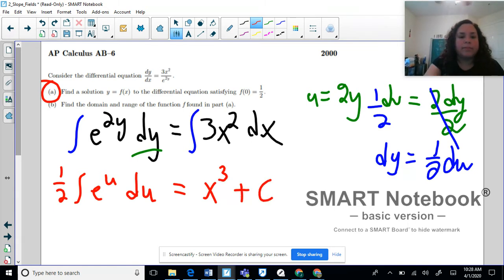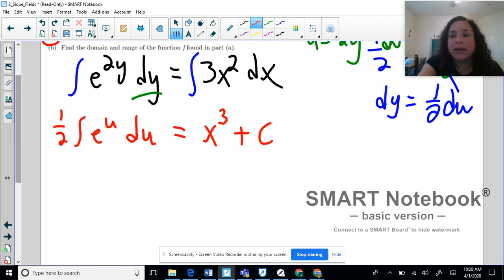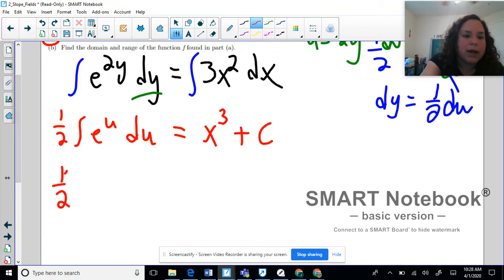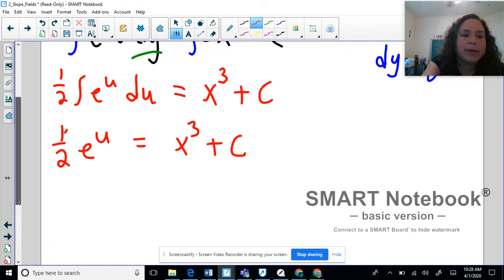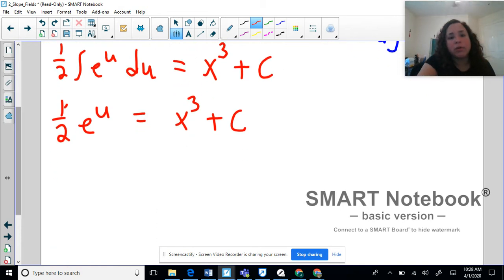The integral of e to the u du is just e to the u, so we get 1/2 e to the u equals x cubed plus c. Because we've integrated correctly, we get a point for the left integral and a point for the right integral, so that's 3 points in total so far.